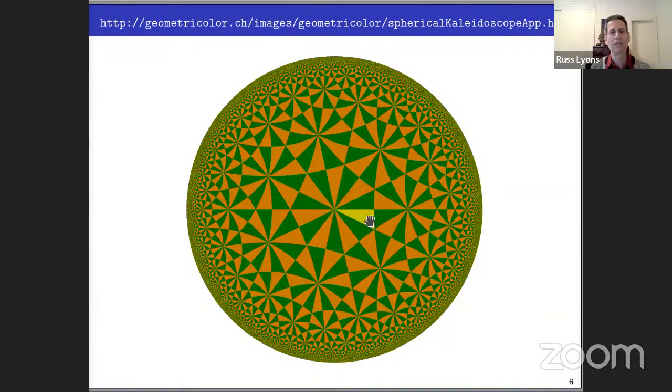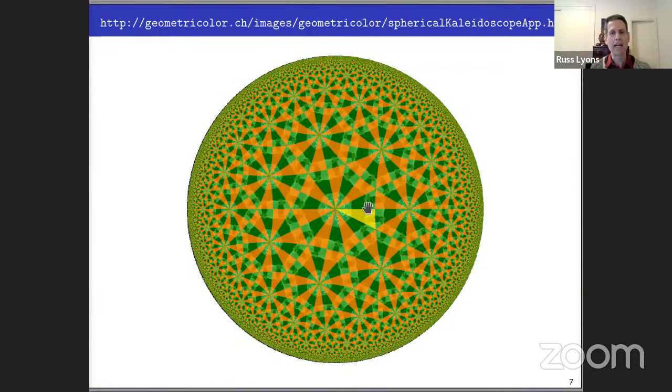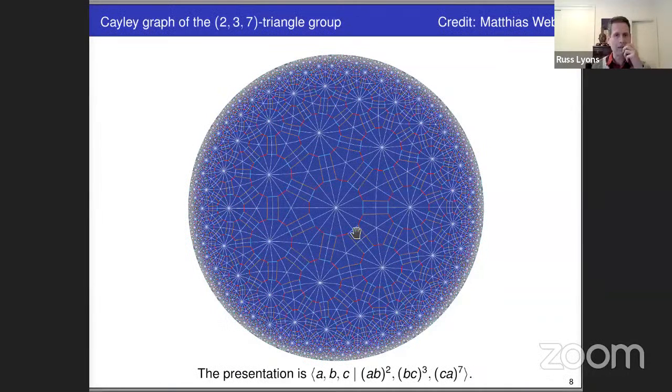Angles pi over 2, pi over 3, and pi over 7 in the hyperbolic disk. I consider a little triangle portion of that logo, and it's just reflected in the sides, okay? And that's where that picture came from. So it's a reflection group applied to a certain triangle portion of the logo. And here's the Cayley graph of that group.